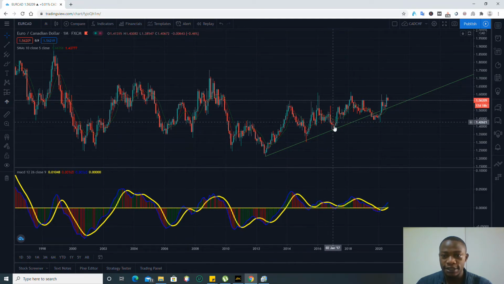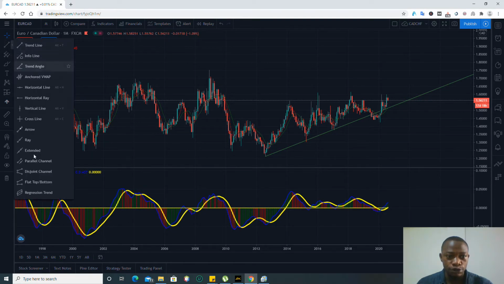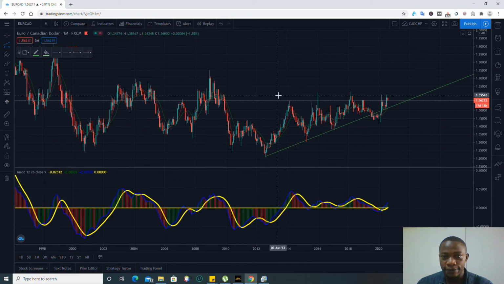We have seen this going several times around here, and also we can see this strong level of resistance over here at the edge of each high. So in order for us to see that properly, what I'm actually talking about, I will draw it for you guys so that we can be talking about the same thing.